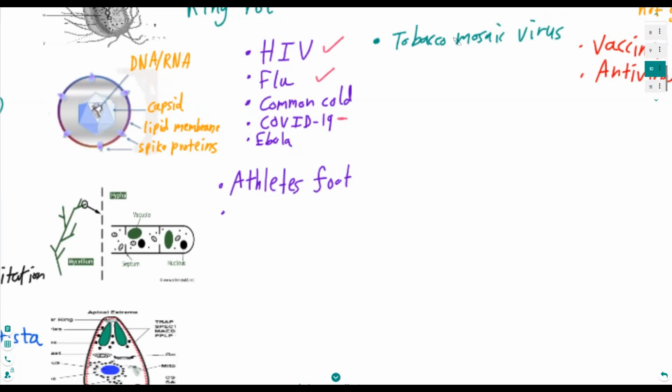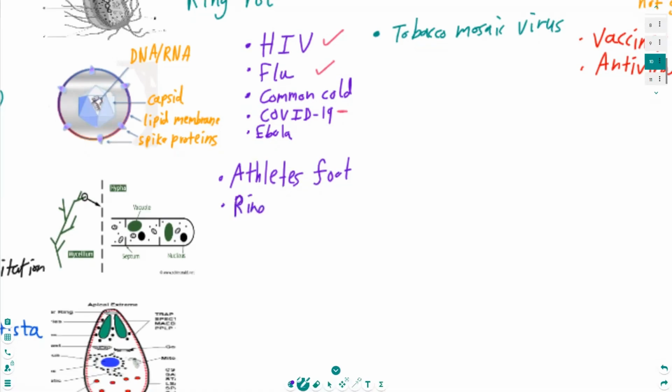Athlete's foot is caused by a fungus called P. rubrum. That's the name of the fungus. And then we also have ringworm, which is normally in cattle.